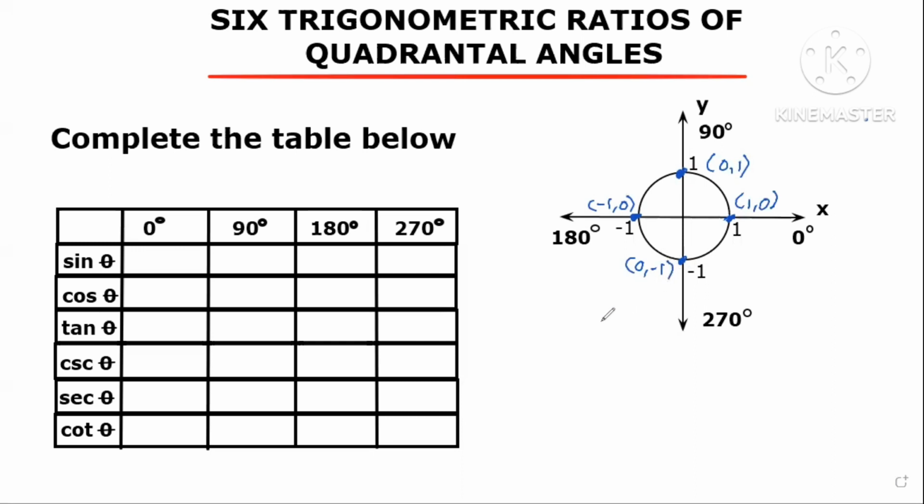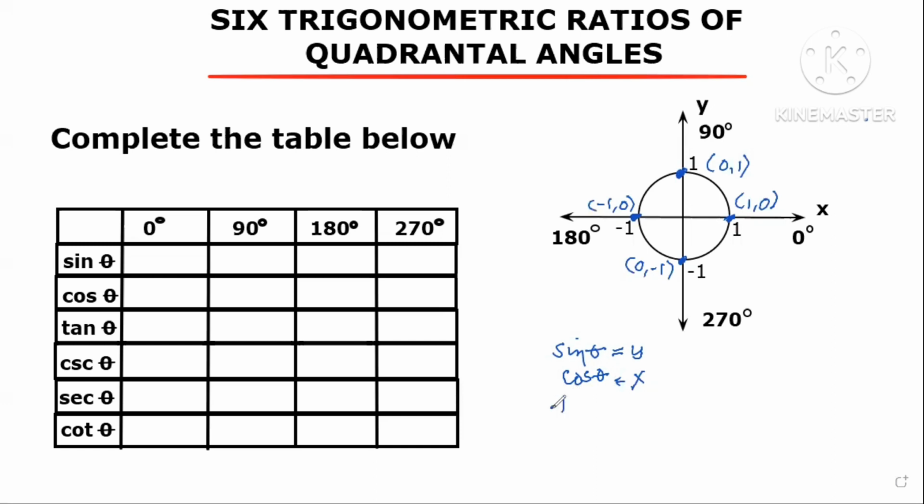Okay, so after getting the coordinates, ano na pong gagawin natin? If you recall, no, doon po sa aking video sa signs of trigonometric functions, di ba ang sabi ko doon, when you think of sine theta, you think about the y coordinate, no? Okay? And when you think about cosine theta, you think about the x-coordinate naman.